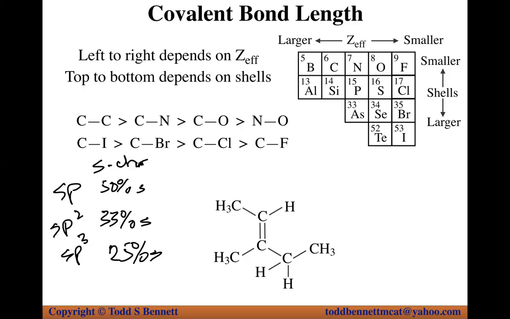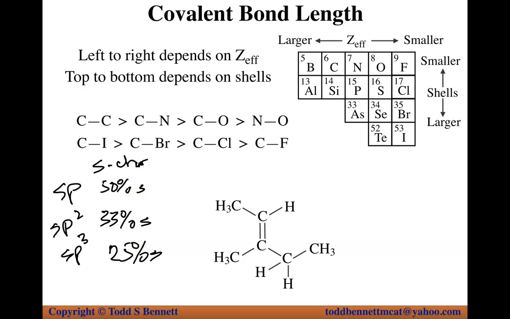So the more s character, the more acidic, the stronger, and the shorter. So sp is the shortest, sp3 is the longest.